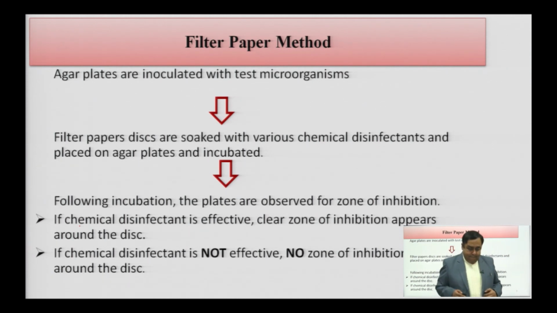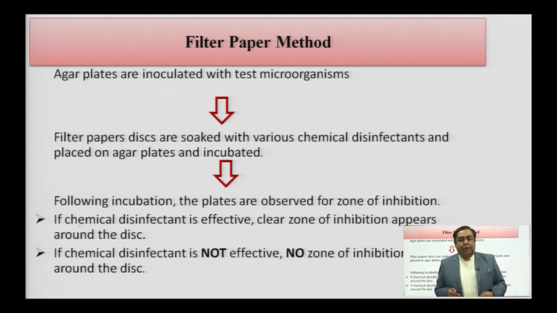Then we take filter paper discs, and these discs we soak in varying concentrations of the disinfectant and then put them on the surface of the sterilized nutrient agar medium.